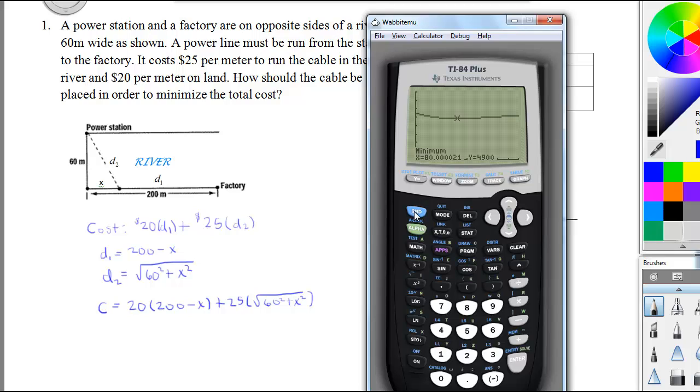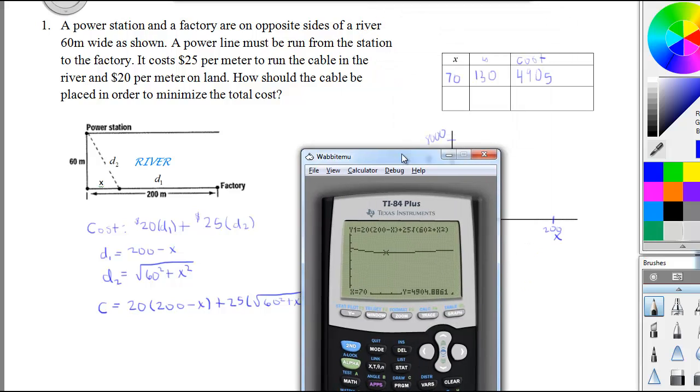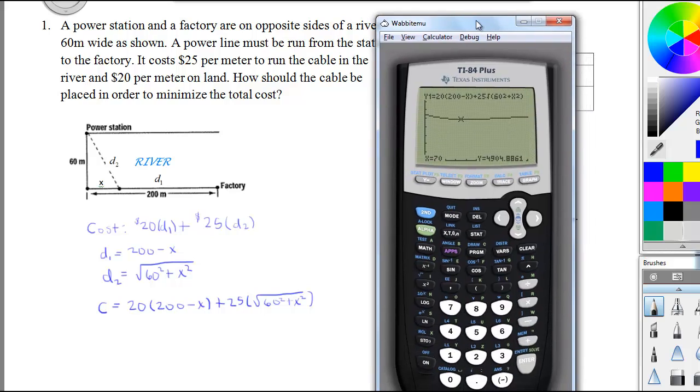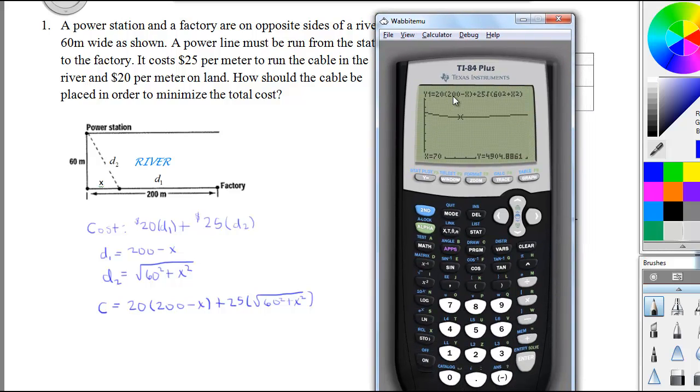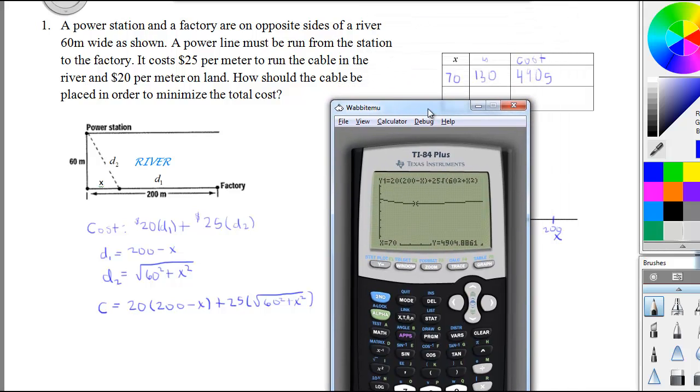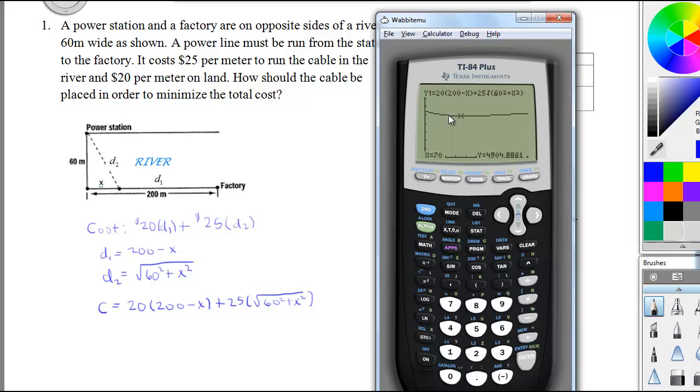And what I started to do, which allowed me to catch my error, was to double check that when I did second calculate value at 70, I got 4,900 and about 5, which is what I had written down in the table there. That's how I knew I had that mistake in entering the function. So that's always a good idea. Once you've taken the trouble to make a guess, then check it on the calculator by second calculate value to make sure that everything's fitting together correctly.